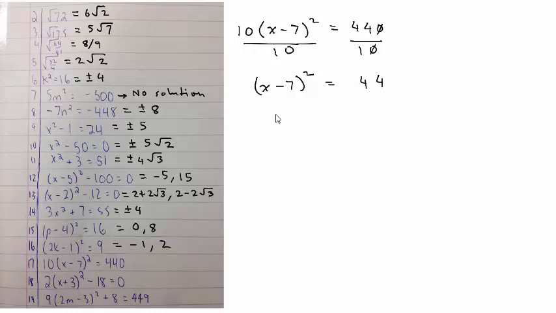So now pretend that this is one big y, so that we have y squared is equal to 44. Now y is going to be equal to plus or minus the square root of 44, and that can be simplified because 44 is nothing but 4 times 11 and 4 is nothing but 2 times 2.